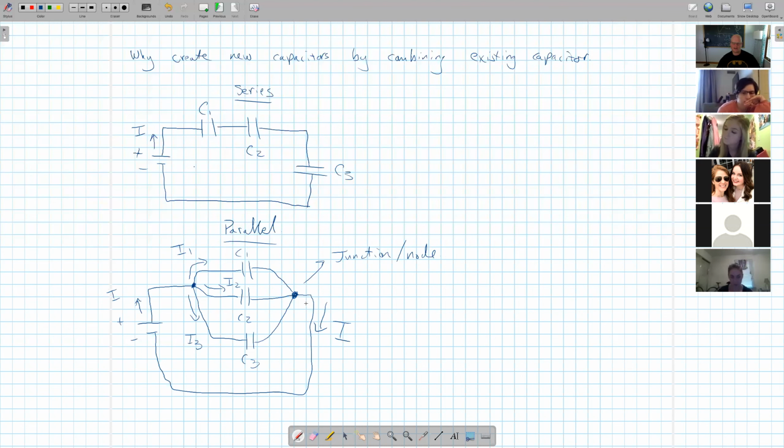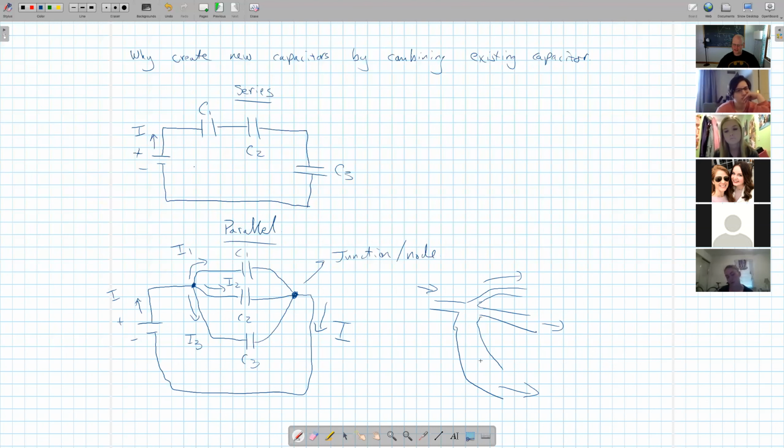If you think about, for example, water running through hoses, say I had a big hose running into three other hoses. So these are my three hoses. This is the original water flowing in this direction, and then some water is going to go this way, some will go this way, and some will go this way. The amount of water which goes through each of these hoses is going to depend on the cross-sectional size of the hose.